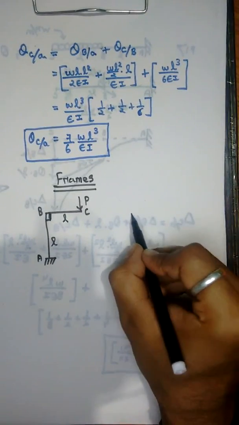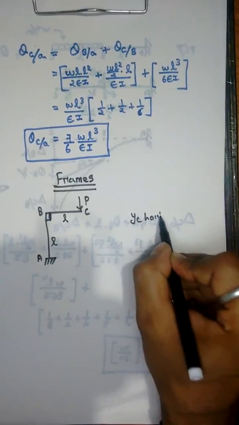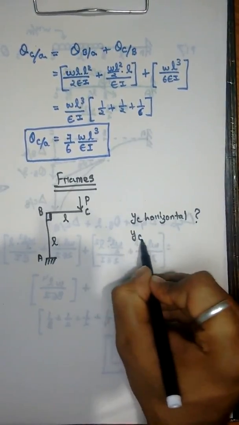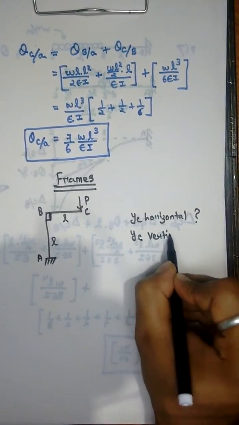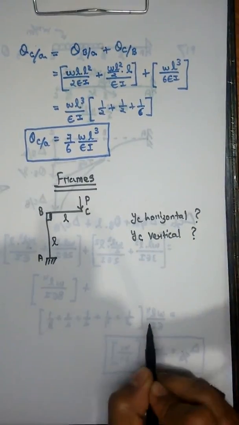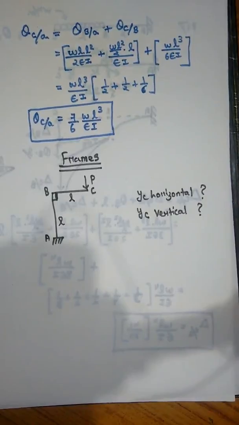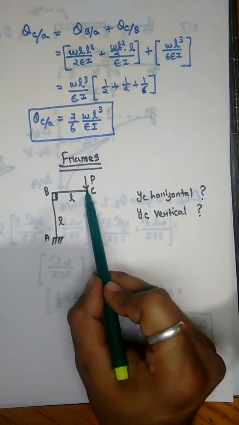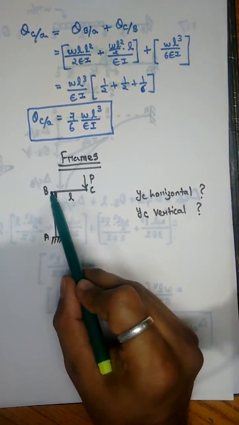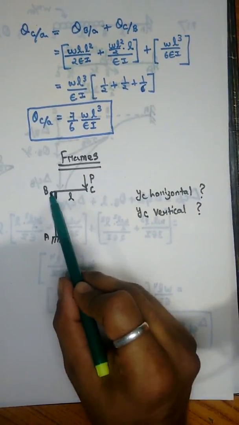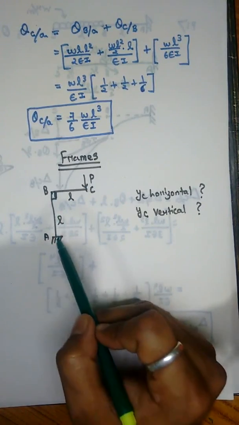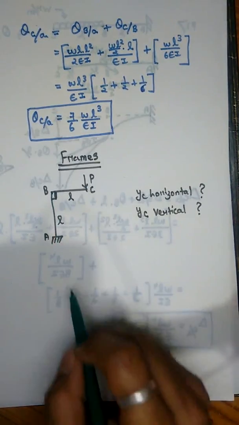We have to find YC horizontal and YC vertical. So again we will shift this point load P from point C to point B to find out the deflection in the vertical section AB.